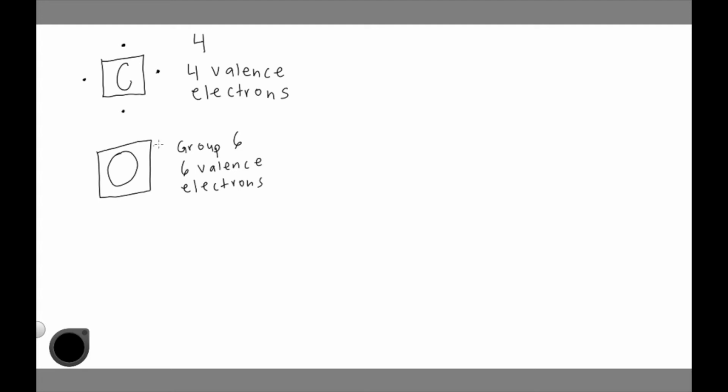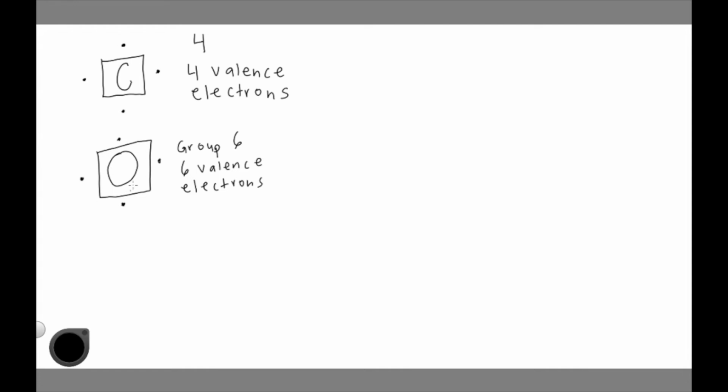Since we know that oxygen resides in group 6, we simply draw our electrons around oxygen, one electron at a time, one side at a time, and we use dots to represent our electrons. So let's draw one dot here, one dot here, one dot here, and then one dot here.